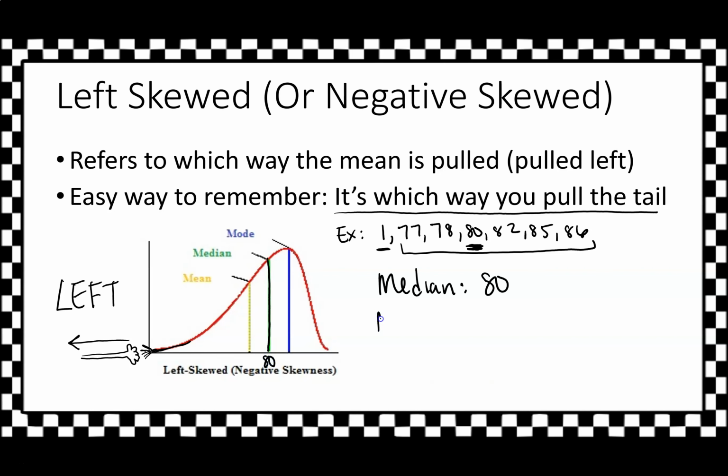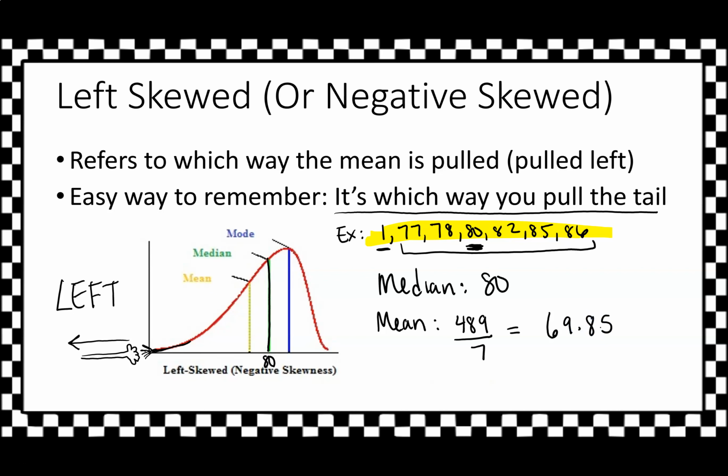My mean, however, or my average, I'd add up all these values and divide by 7 because there are 7 terms. So if I do that, real quickly, 489 divided by 7 gives me a mean of 69.85.